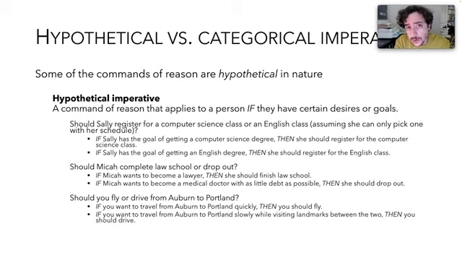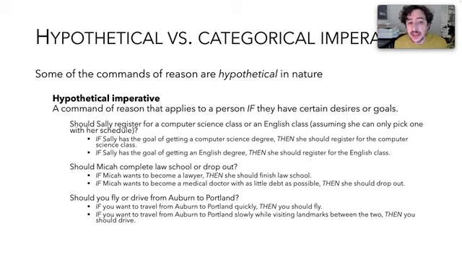But if you had other goals, like maybe your goal isn't to get there quickly and spend as much time as you can there, if your goal is to travel slowly and visit landmarks between the two where you don't care about how much time you spend in Portland itself, well, then you should drive. That would be a much better means to achieving your goals of visiting these landmarks and seeing these places in between.